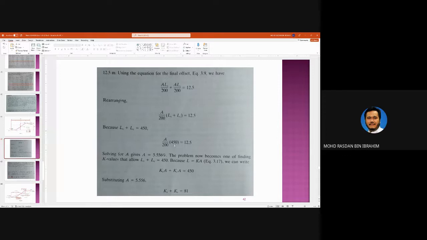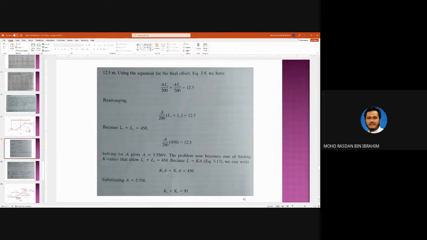You get the value of A equals 5.556%. Okay, so now the problem becomes finding the K value that allows LS plus LC equals 450. We know the formula of L is equal to KA.